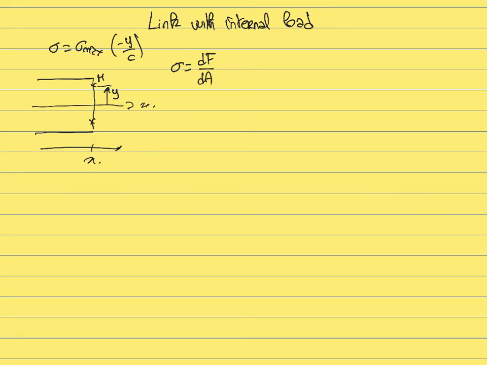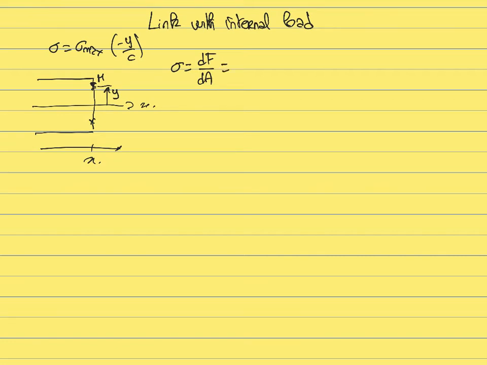So if you define a small infinitesimal surface located around the point M, then if I have a given stress sigma, I can also calculate the force that is applied by the right to the left at this point M by taking the product of the stress sigma times the area over which the force is applied, dA.